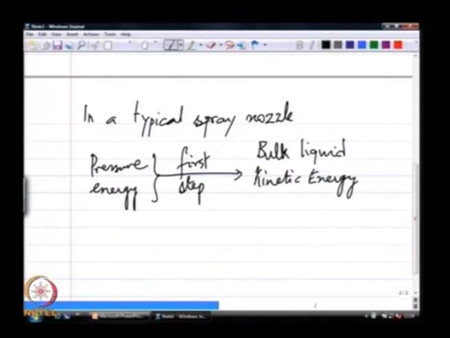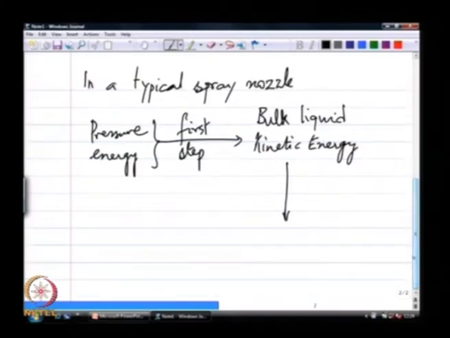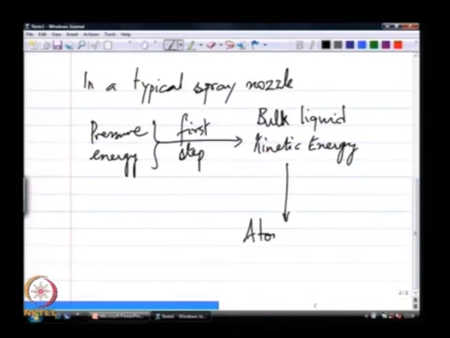I use the phrase bulk liquid to denote non-atomized liquid. So, it is still in the form of a contiguous medium basically. Okay. This bulk liquid then goes through some other process to give rise to atomized liquid. Okay. So, now this is in the form of drops.